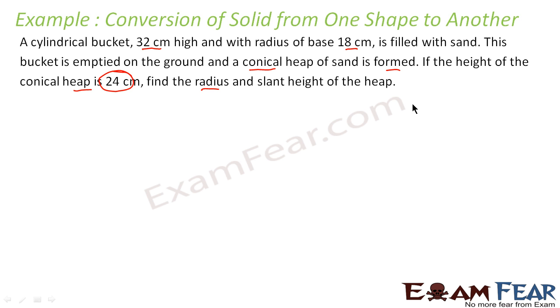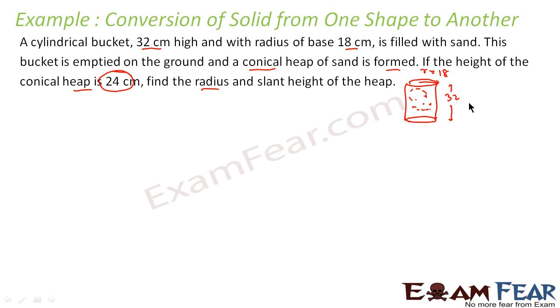So let me explain the scenario to you. This is a cylindrical bucket actually. This is a bucket and this is filled with sand. And for this I am given that radius is equal to 80 and height is equal to 32. This is given.